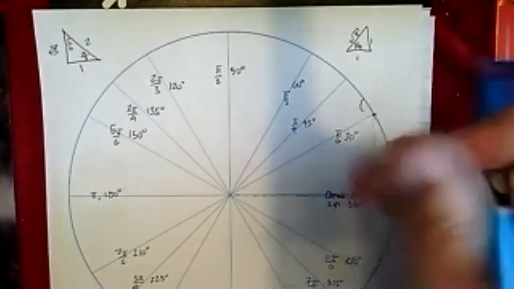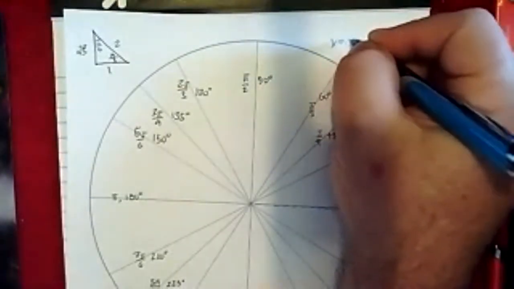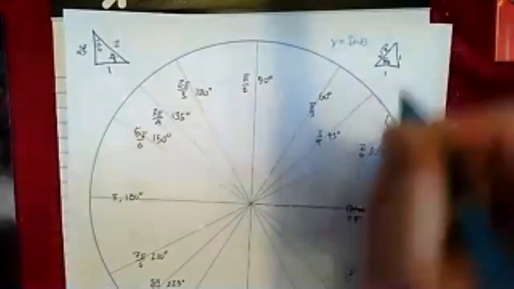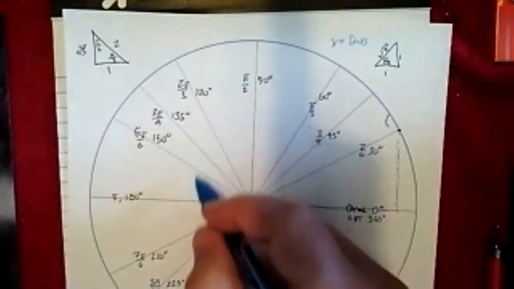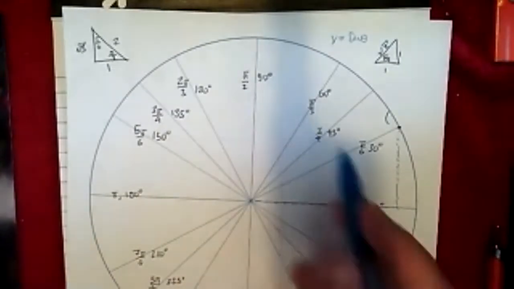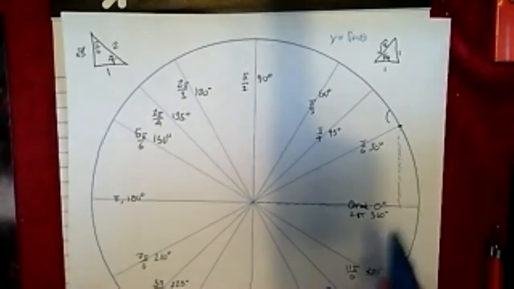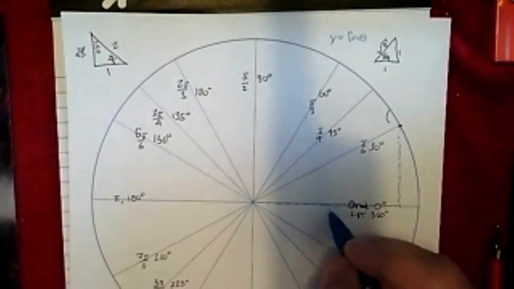So that tells us something that we're going to use over and over again, and that is y is equal to sine of theta. That's going to be true for all these angles, and I'm going to make use of it at 90 and 180 and 270, or at pi over 2, pi, and 3 pi over 2. The other thing is if you take cosine of theta, you get adjacent, which is x over hypotenuse.